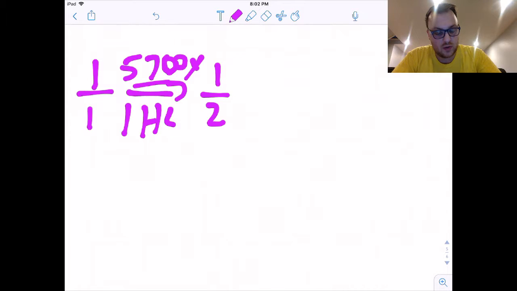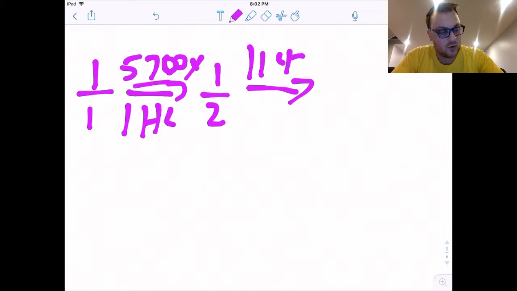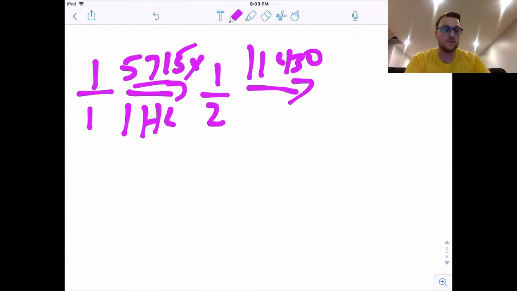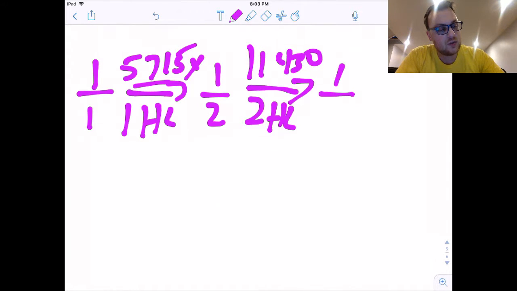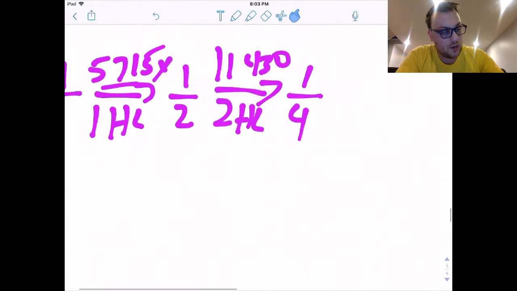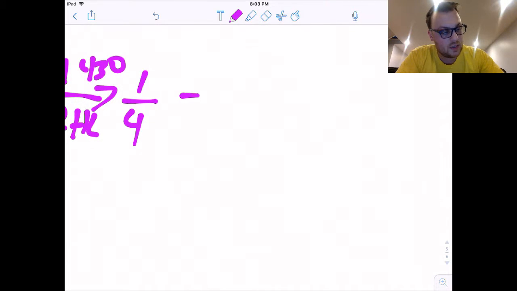So, after another 5,700 years, it divides by 2 again. So now we're at 11,430, because I added 5715 to that. So this is 5715. I don't know why I rounded down. After another 5715 years, a second half-life has occurred, and we're down to a quarter. After another 5715, a third half-life occurs, and we're at an eighth.